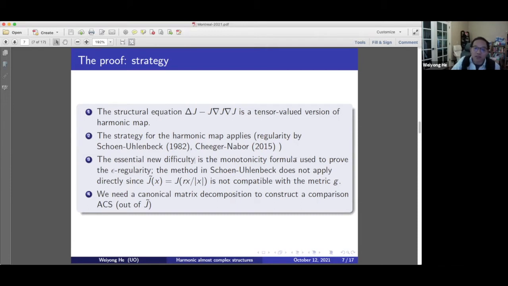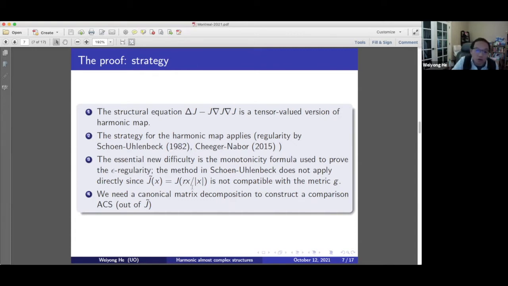One essential step is the monotonicity formula. We will mention a little bit of detail for people who are not very familiar with the harmonic map theory. To get the monotonicity formula, one needs to construct some comparison maps, or comparison almost complex structures. The method in Schoen and Uhlenbeck constructs something like this. In a small ball, replace this by this one, which in the radial direction just extends directly from the ball, the x equals r sphere, directly to the center. When x equals 0 this is not well defined, but it's still in W^{1,2}.